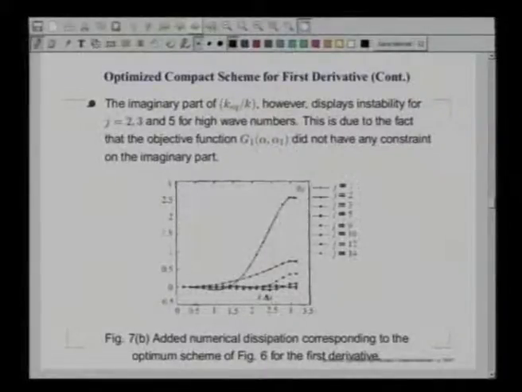What we find here is that for certain nodes, for example, j equal to 1, it remains stable up to some value of k h, but then it becomes violently unstable. But we have noticed that j equal to 1 is never our main point of concern. However, j equal to 2 starts off and remains unstable all across.